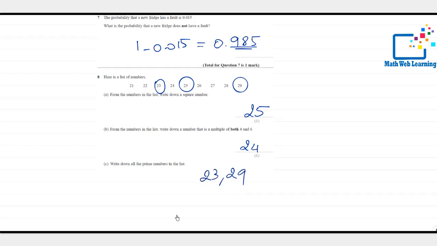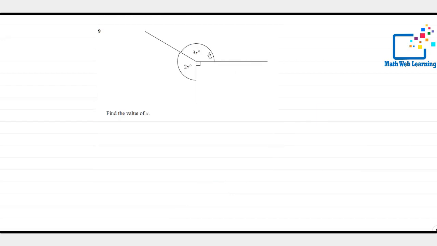All right. Next question is question 9. Question number 9 is on angles with algebra. Now you know the angles at a point or around a point add up to 360. You know this is a 90-degree angle.